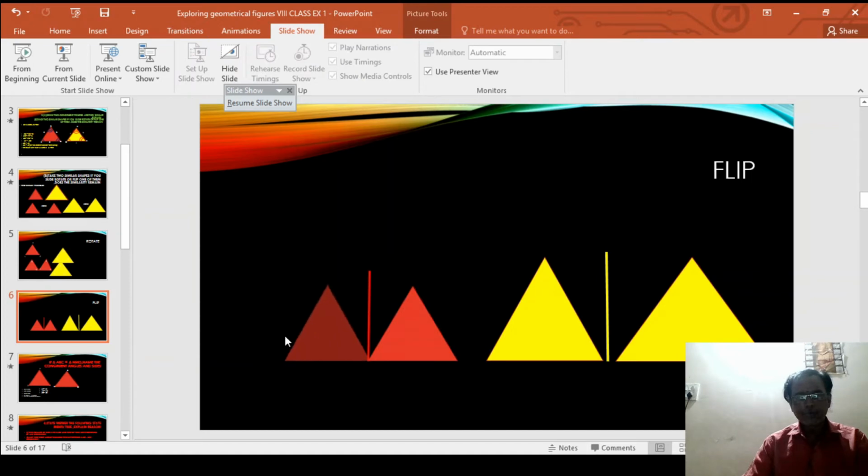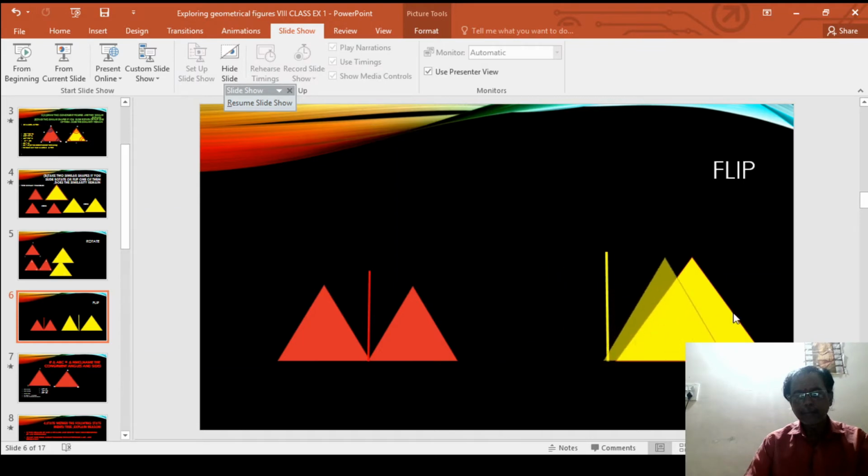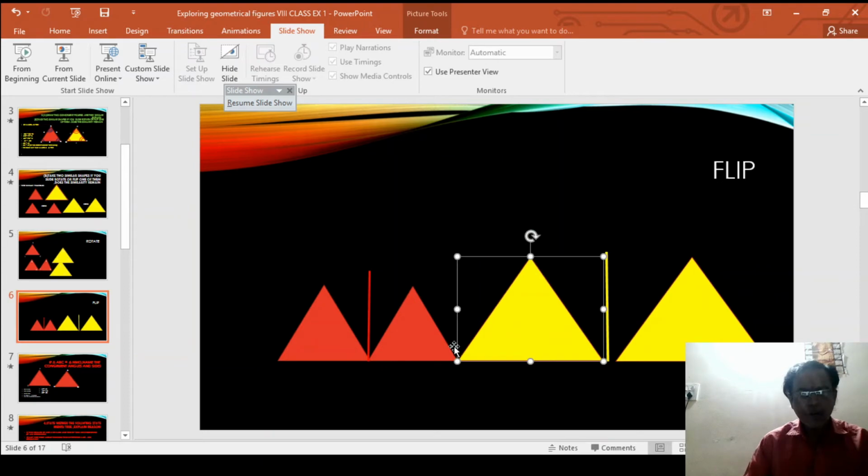No. And next in this also, if you flip like this, does it change its similarity? No. So it will remain the same. So that's why, through rotation or flip, their similarity doesn't change. Okay.